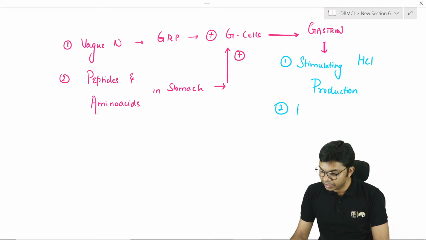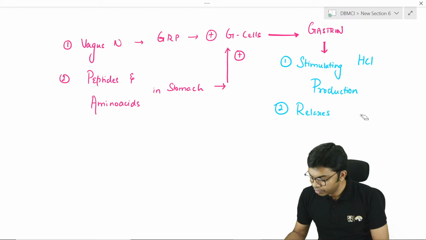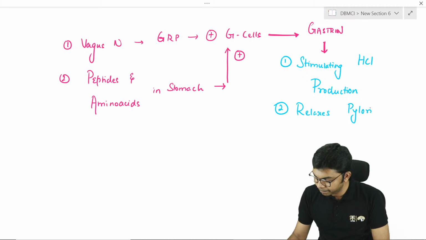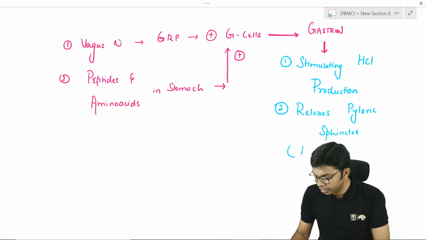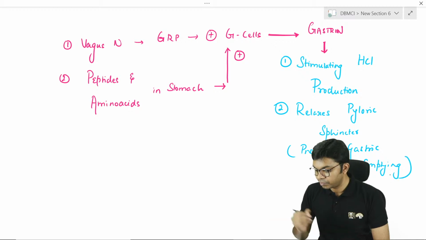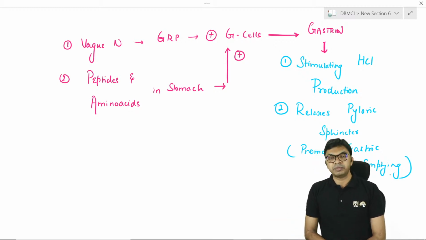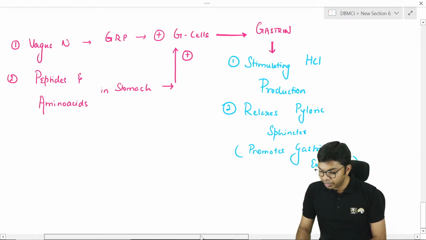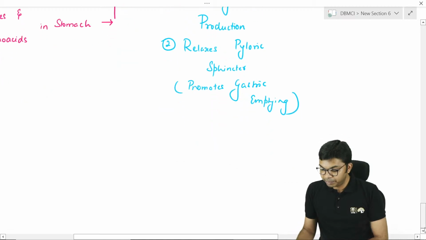Number 2, gastrin relaxes the pyloric sphincter, and gastrin promotes gastric emptying. That's the second action. Number 1, it stimulates acid production. Number 2, it relaxes the pyloric sphincter and thereby promotes gastric emptying, doctors.